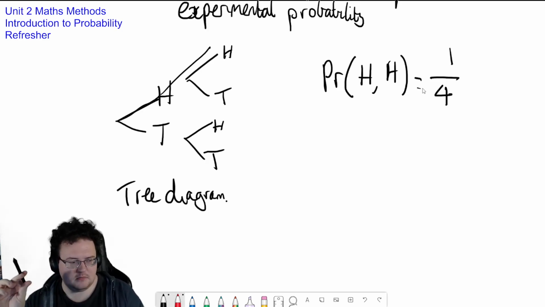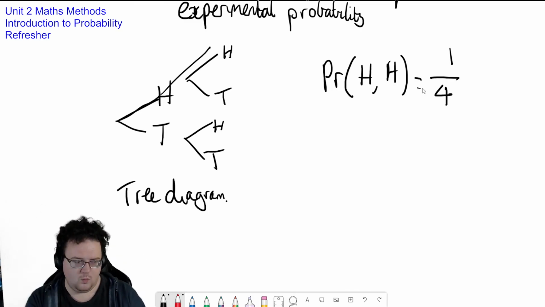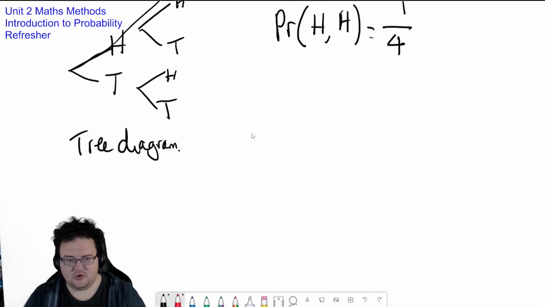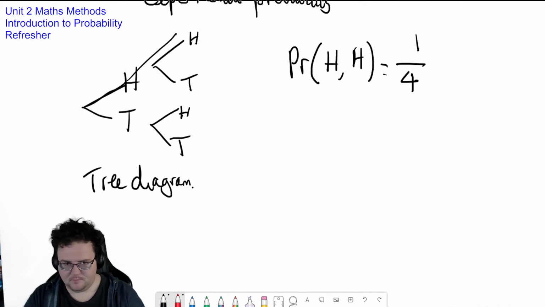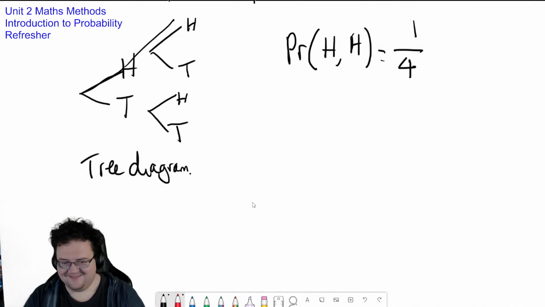Where this gets weird is when I introduce you to the concept of things not being fair. All right. What if I flipped a coin that wasn't 50-50? What if I flipped a coin that was dodgy?